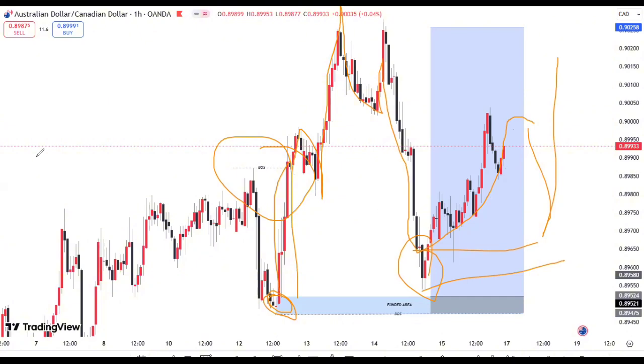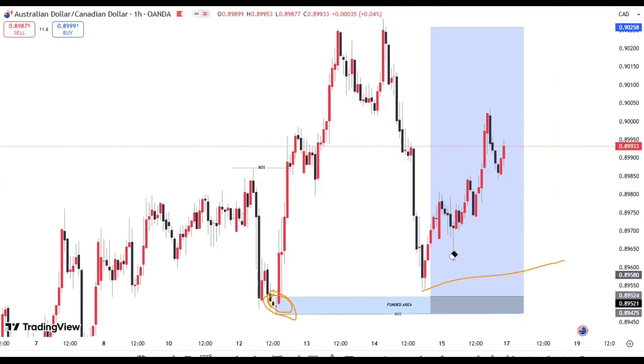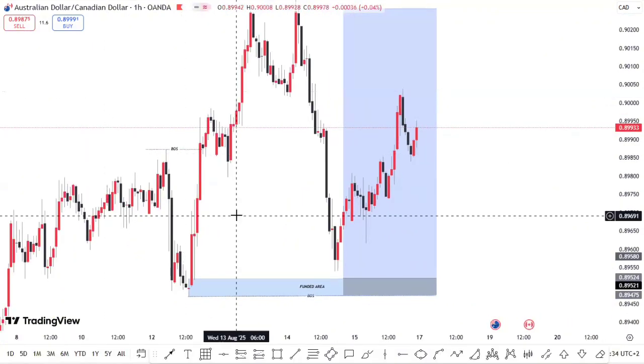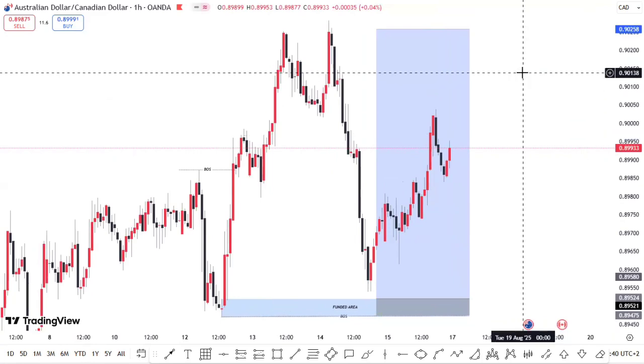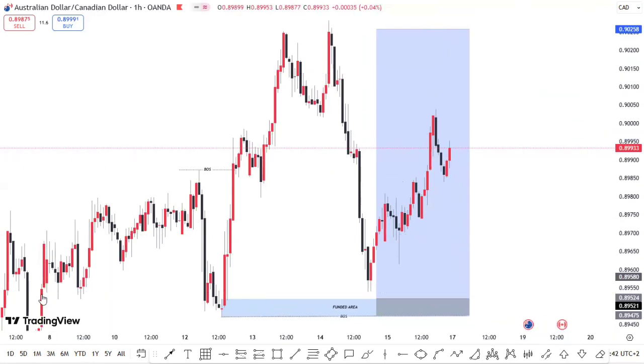So let me erase. Here market failed to fill the gap that was left, but market did bounce back because it broke our break of structure there.